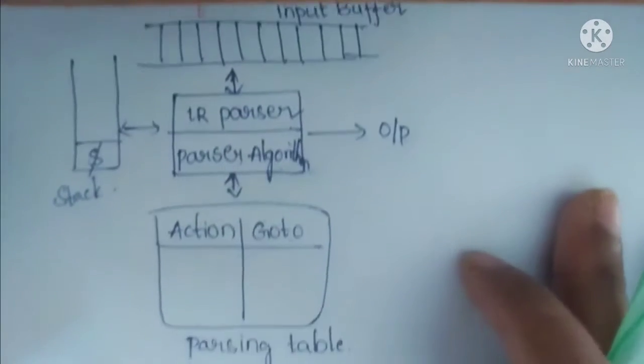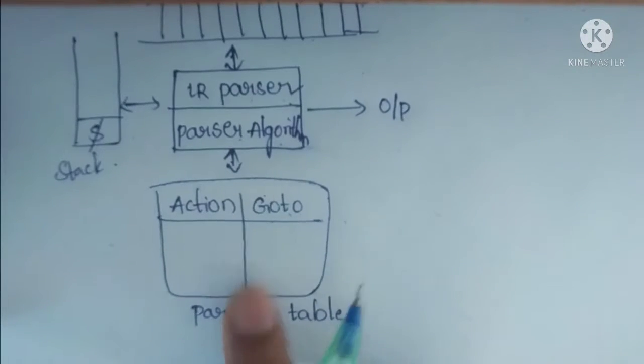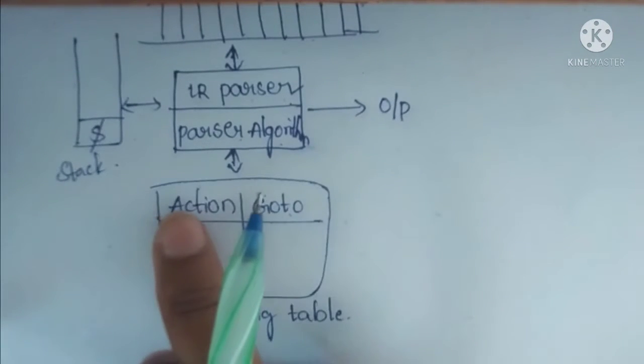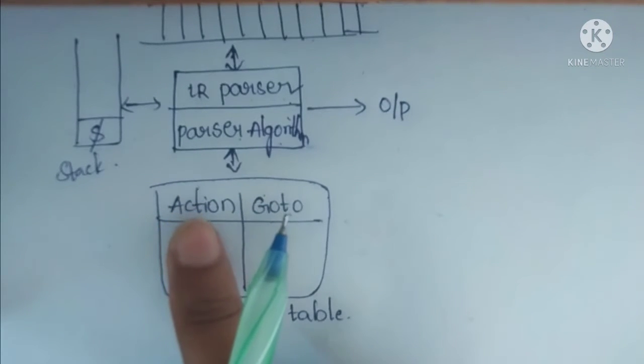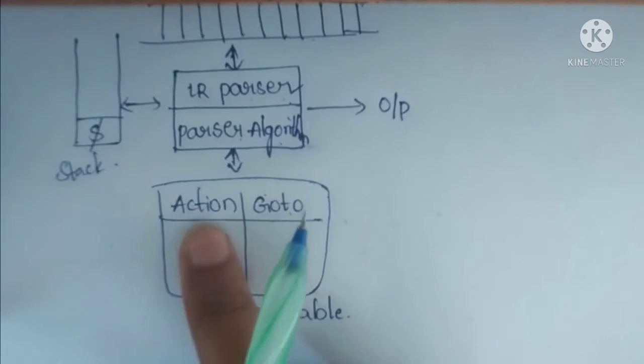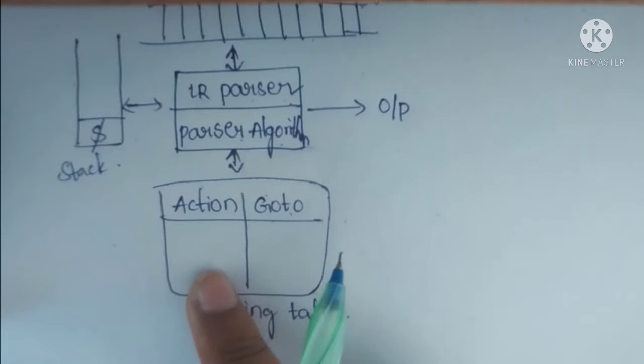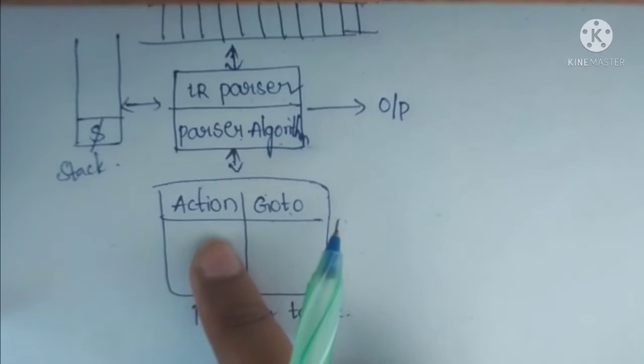In this parsing table we have two parts: the first one is action and the second one is goto. The actions are the operations performed in the states that we list here, and the goto shows from which state to which state we are moving.